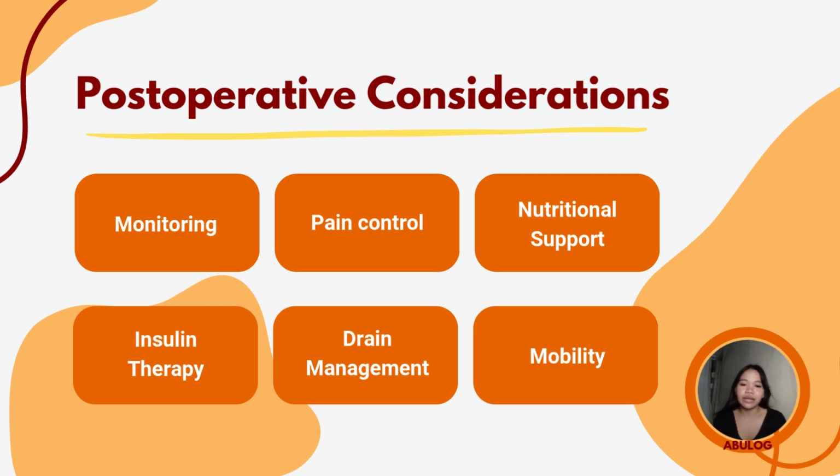If the entire pancreas is removed, insulin therapy becomes essential to manage blood sugar. Drain management is key as well, watching closely for signs of pancreatic fistula like amylase-rich drainage. Lastly, encouraging early mobility helps prevent blood clots and speeds up recovery.